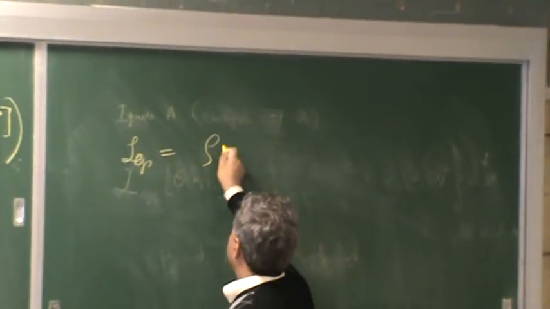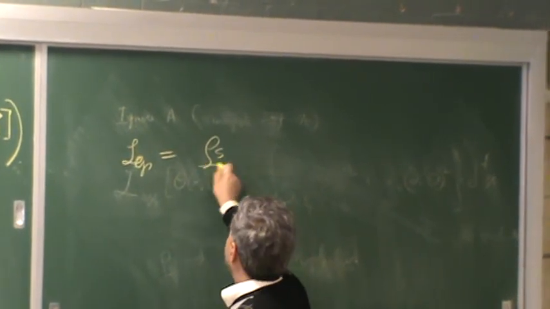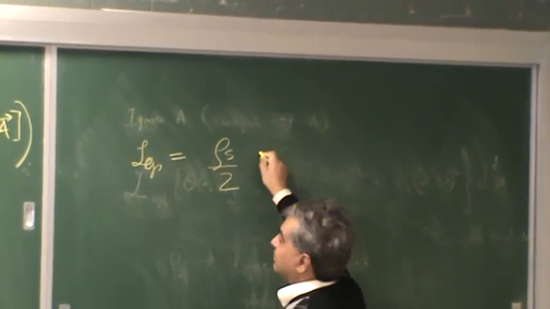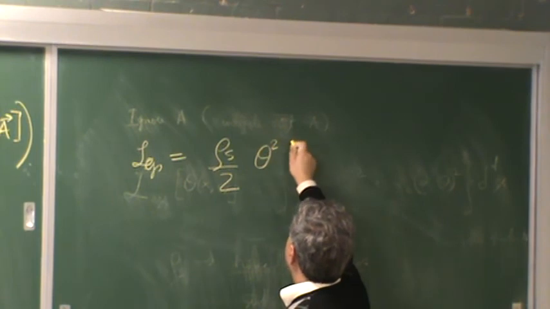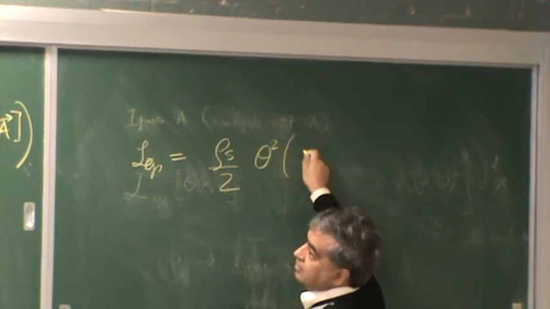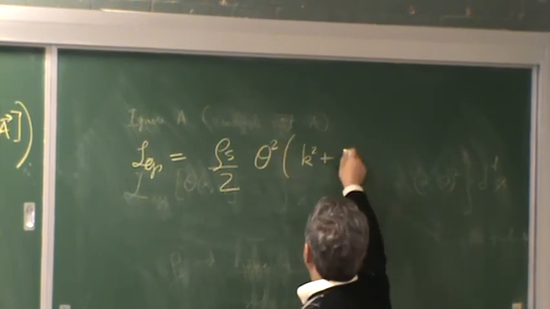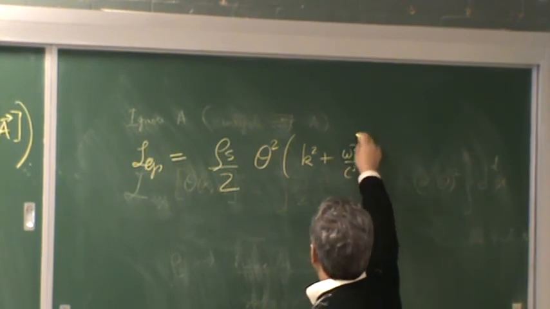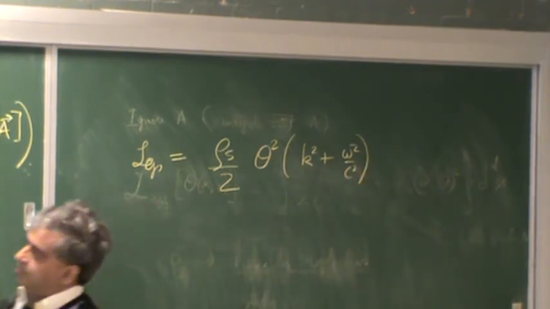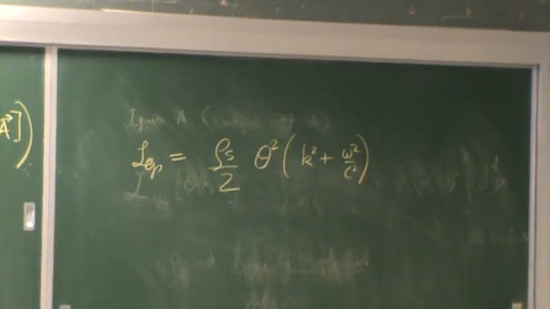L effective is equal to, let me go to Fourier space right away since you're all experts at it. It'll be rho s over 2 times theta squared times k squared plus omega squared over c squared. That comes from this term and this term.